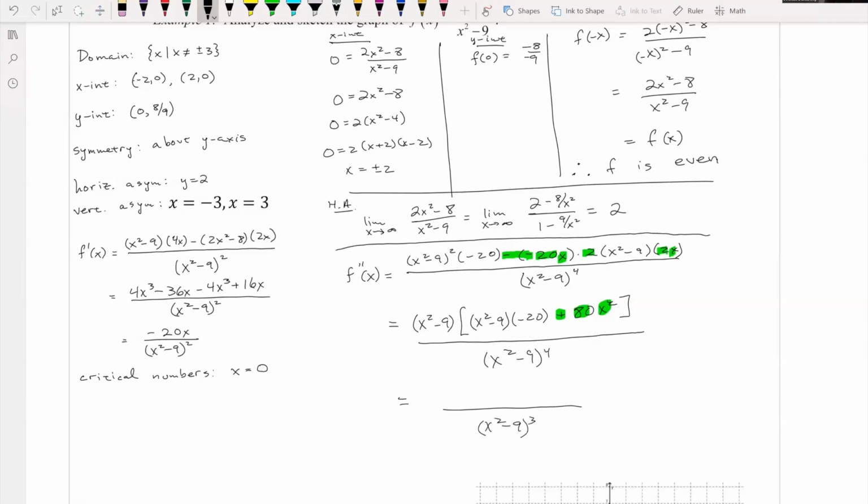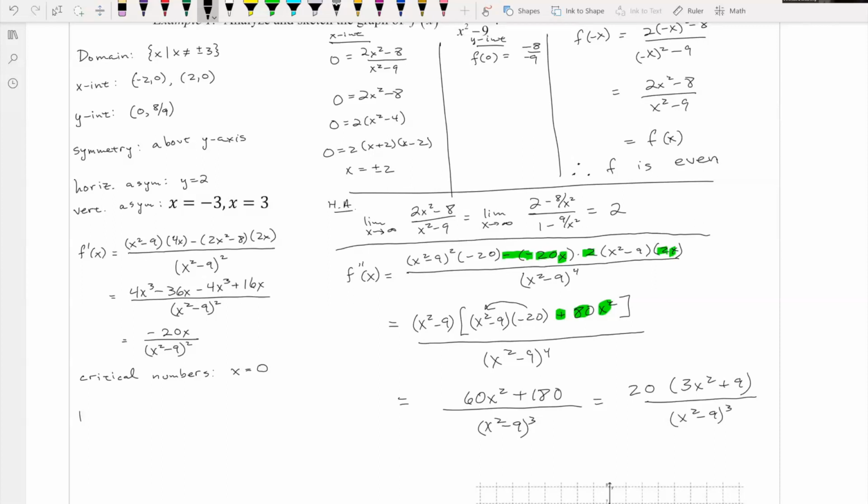If I distribute my negative 20 x squared and add it to this 80, I'm going to get 60x squared, and then plus 180 when I multiply there. If I factor out my 20, which I should have done hours ago, I get 3x squared plus 9 over x squared minus 9 to the 3rd.